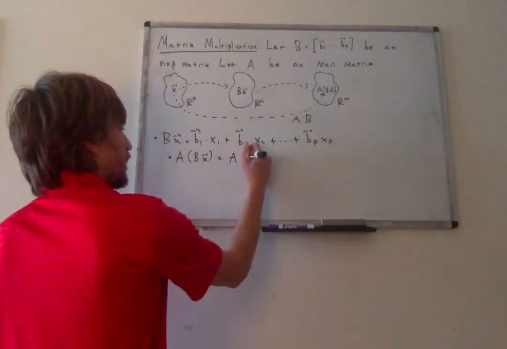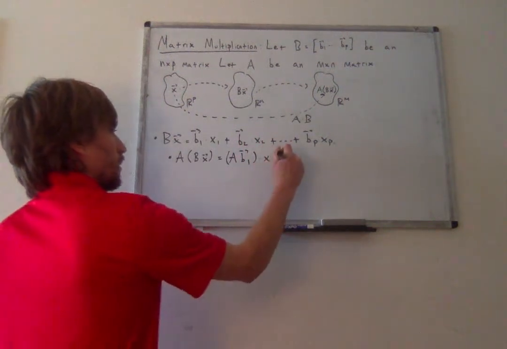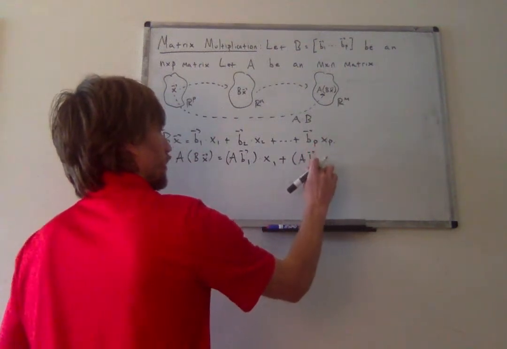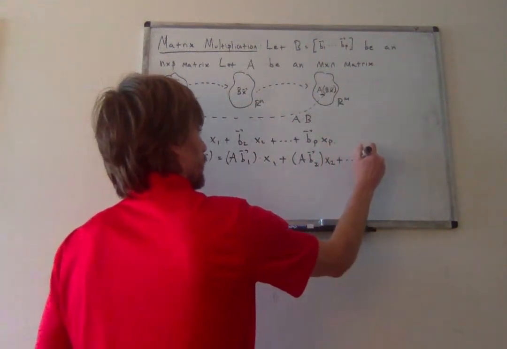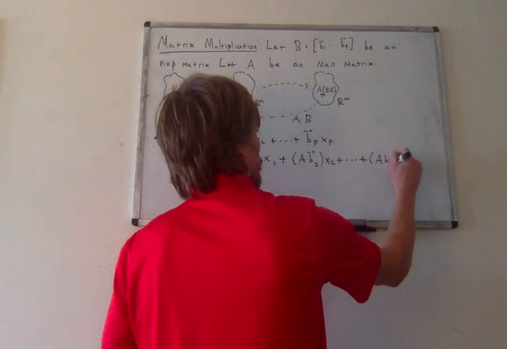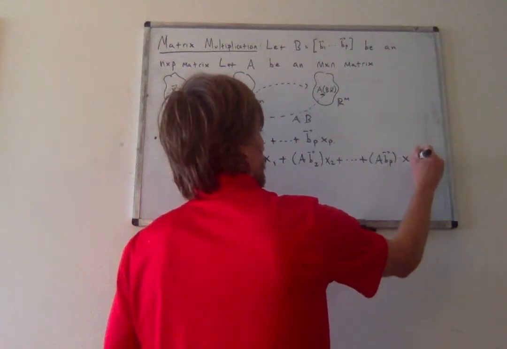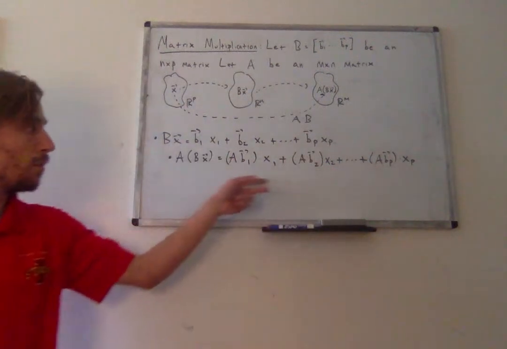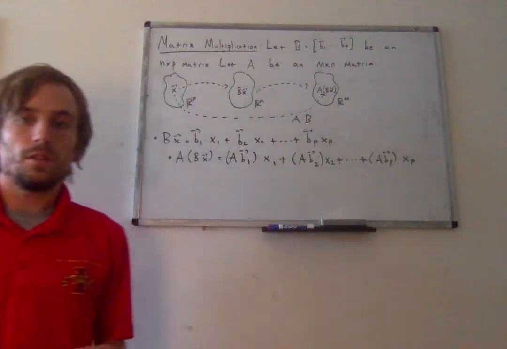So this is equal to the following sum, where I've just distributed A across each of these terms.